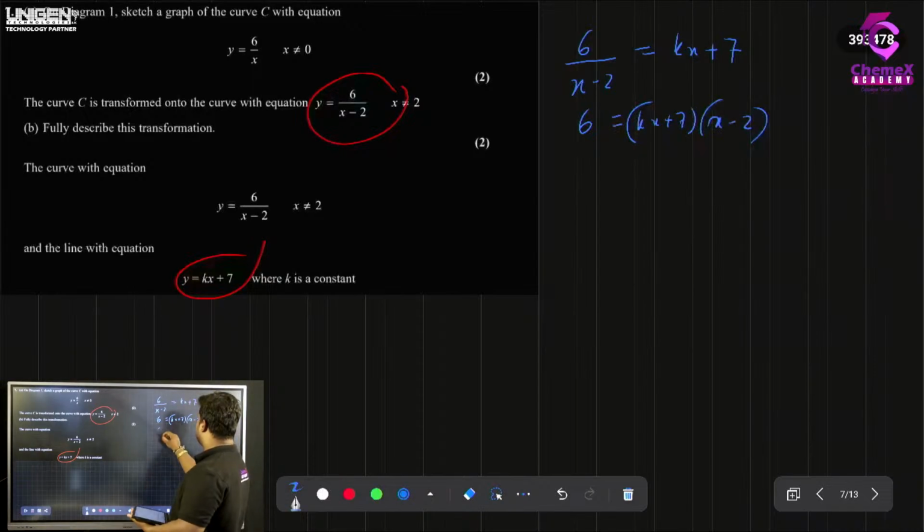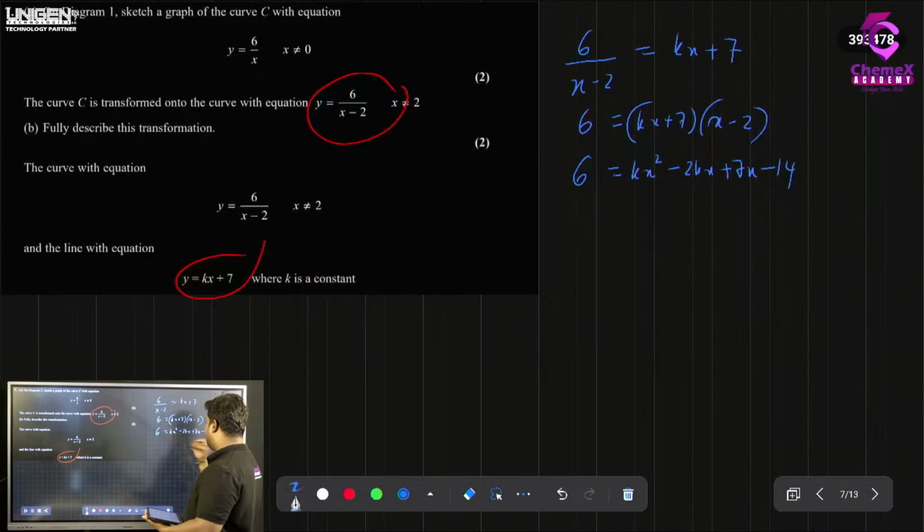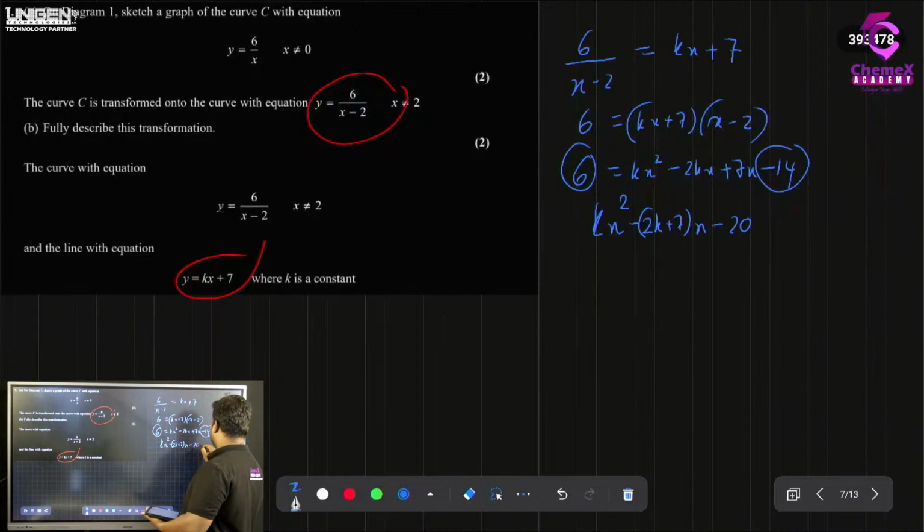So then 6 equals kx squared minus 2kx plus 7x minus 14. Then kx squared minus 2k plus 7 x minus 14 minus 6, that is minus 20, equals 0.